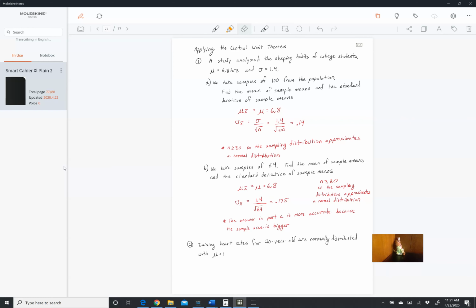With a mean of 135 beats per minute and a standard deviation of 18 beats per minute.